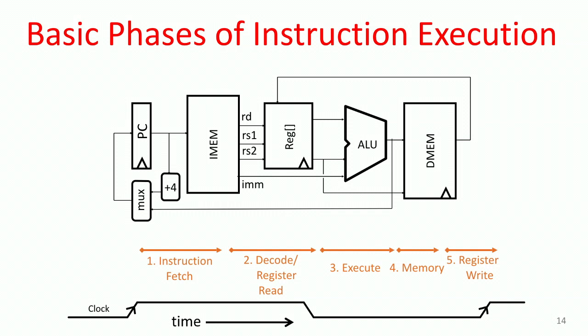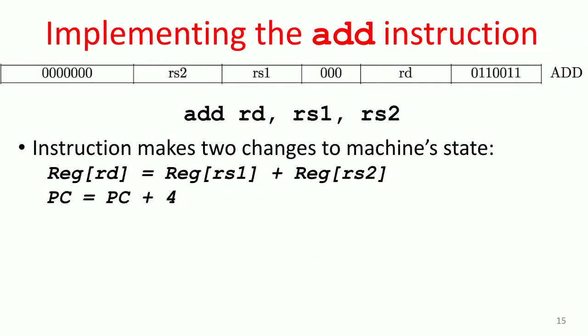We're going to start figuring out the details of this data path, one instruction at a time. So we start with the add instruction. This is a real RISC-V instruction: add RD, RS1, and RS2. RS1 and RS2 are the two operands. These are register identifiers, encoded in the machine instruction as 5-bit fields, saying which two register values we want to add together.